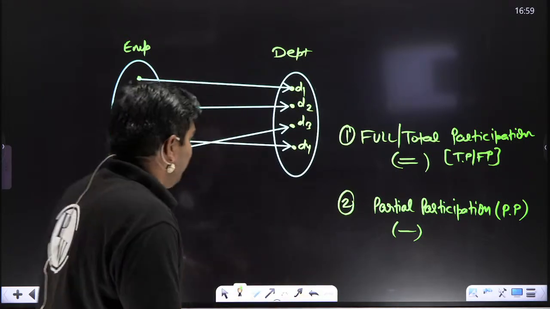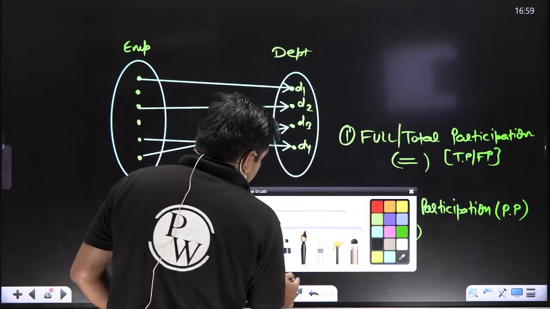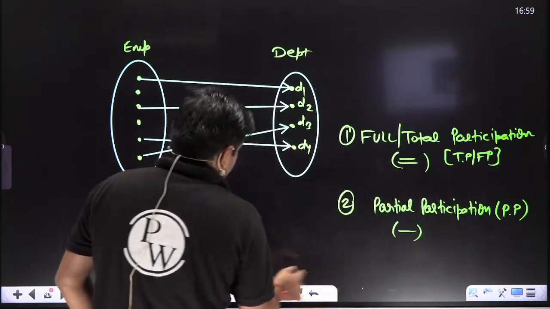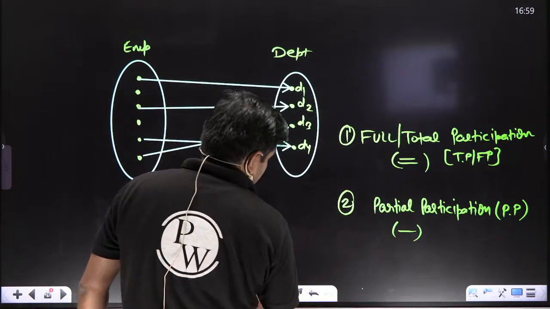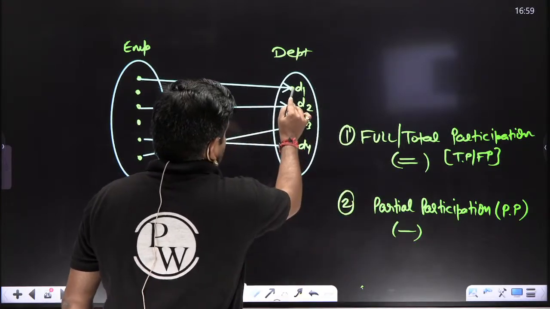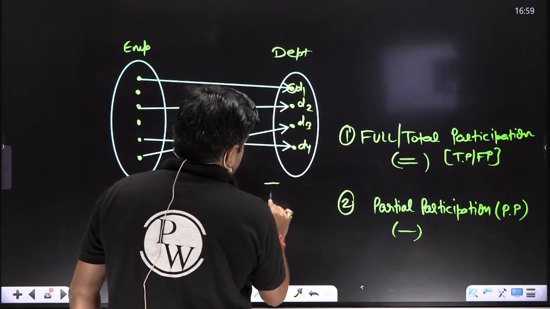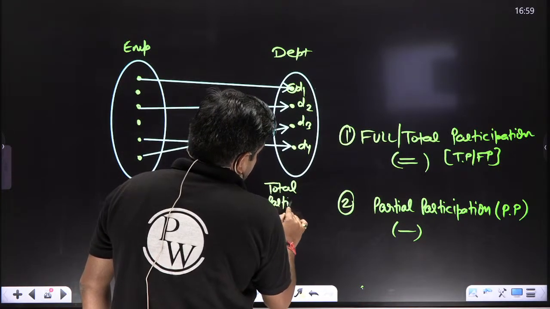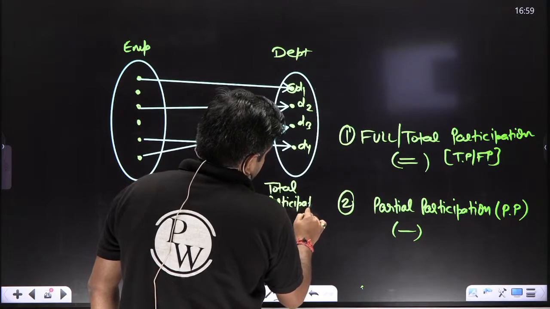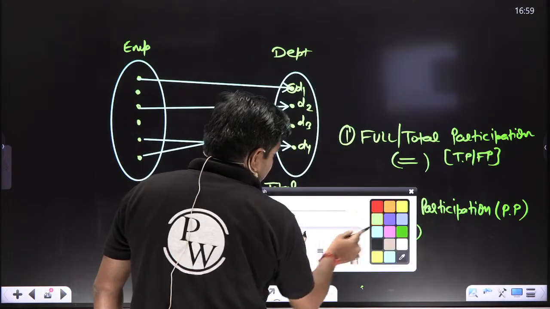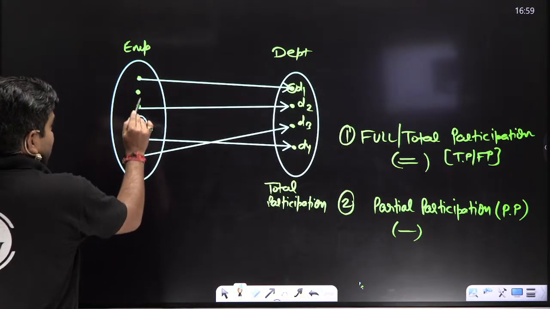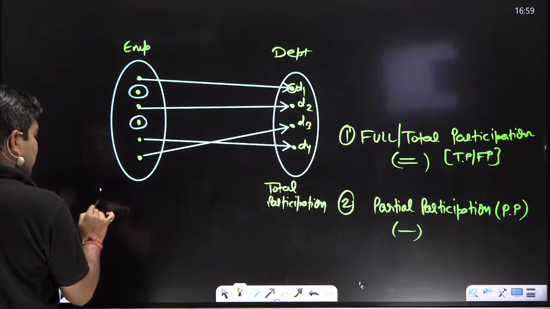For example, here you can see there is a total participation, because each and every entity is participating. But here you can see this one and this one is not participating.